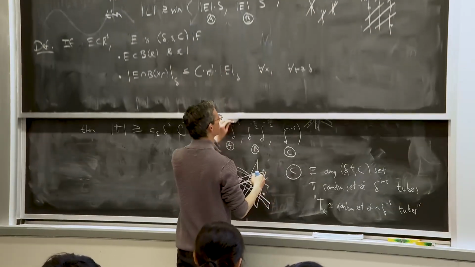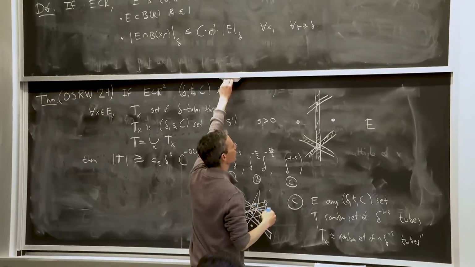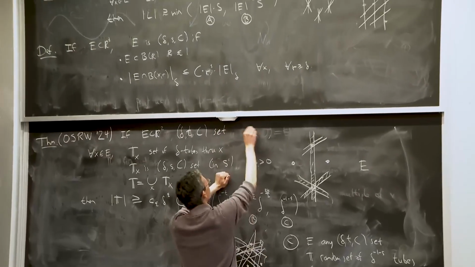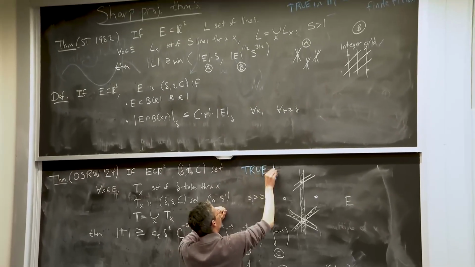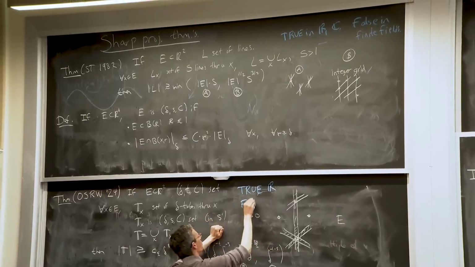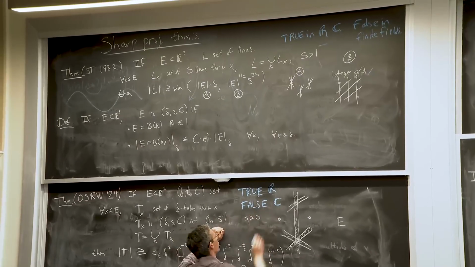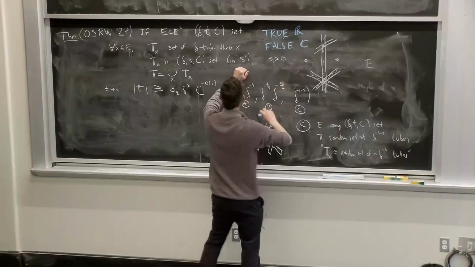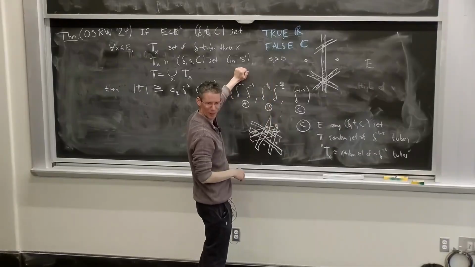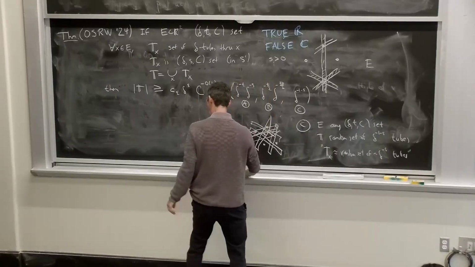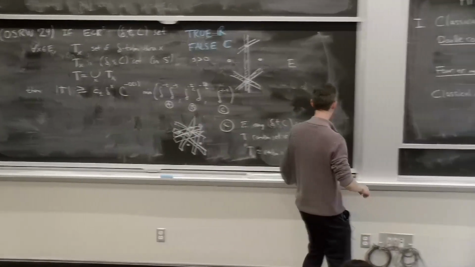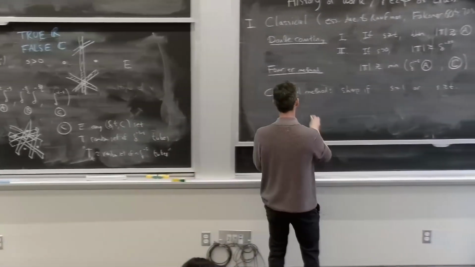OK. This theorem here is true over R, but it is false over C. And that counterexample kind of haunted all of us who have been working on this. And one feature of these classical methods is that they don't distinguish.